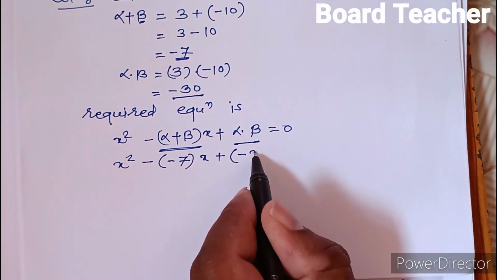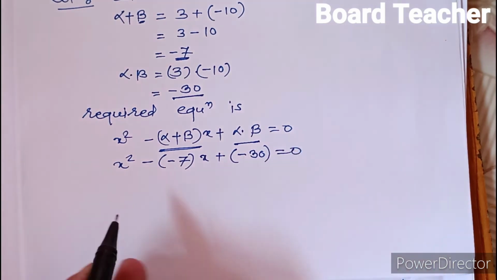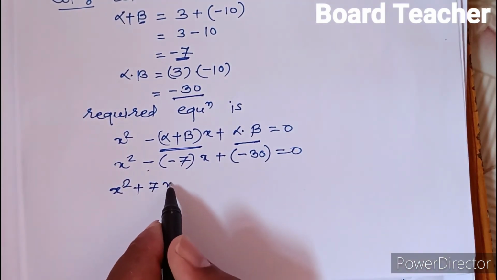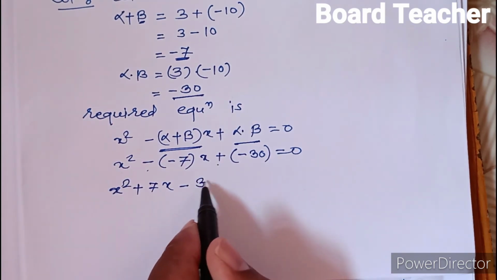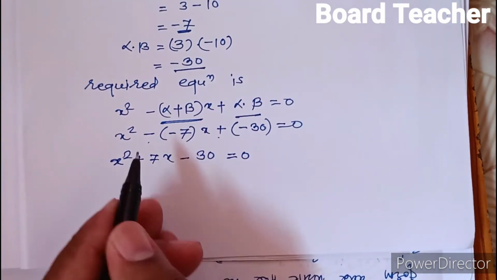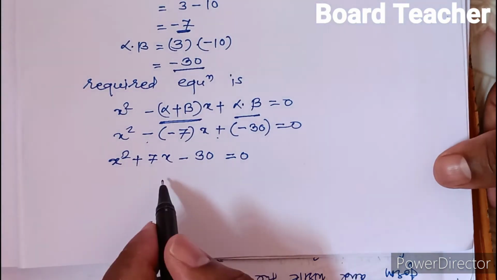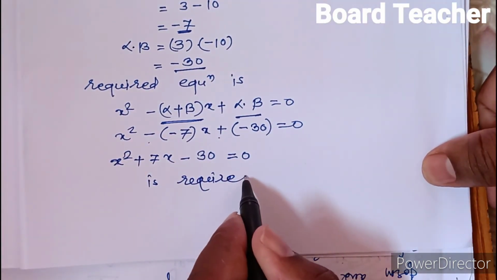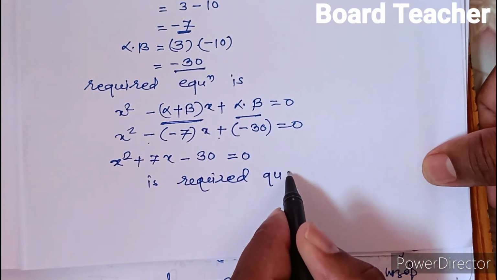Therefore minus 30 equals 0. That is x square minus minus plus 7x plus minus minus 30 equals 0. Now this is the required quadratic equation.